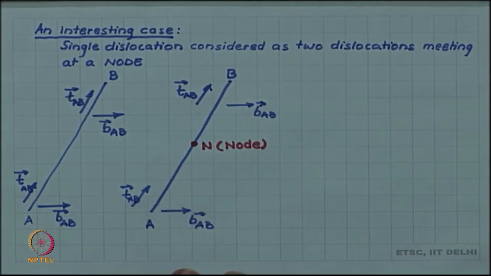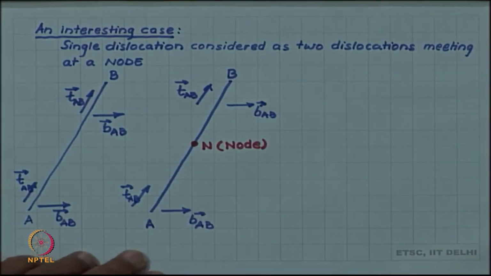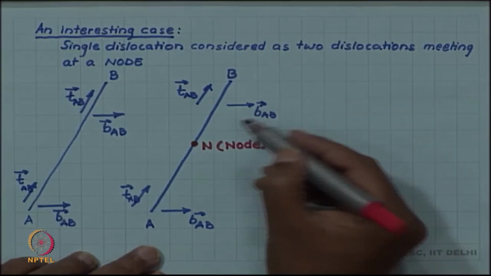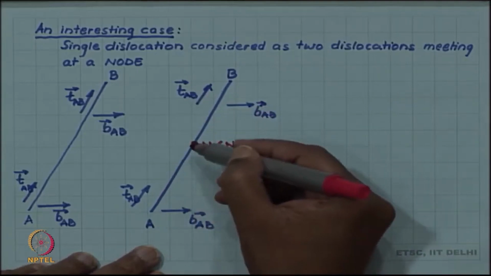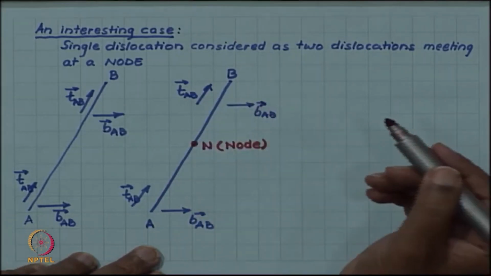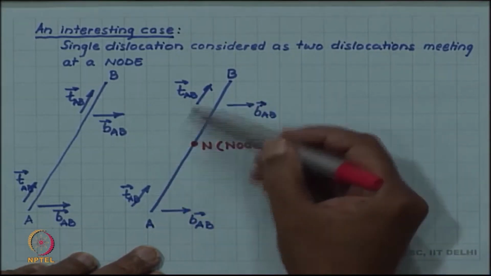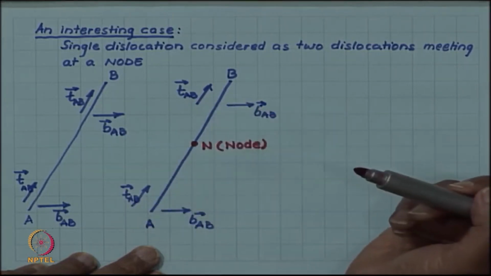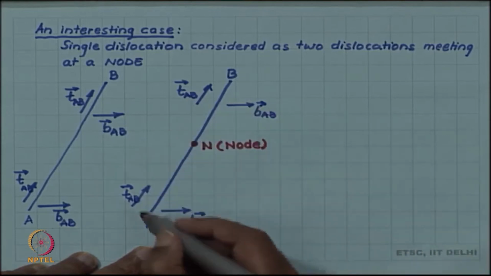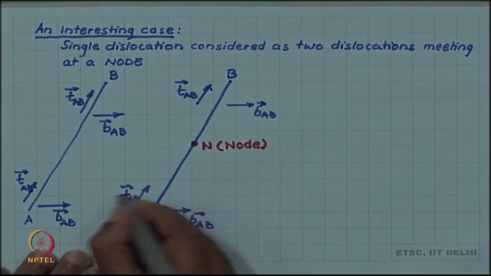But as soon as I consider it as a node, remember for application of Frank's rule, I have to take the tangent vectors such that they are either both pointing to the node or away from the node. So, the original tangent vector of a single dislocation line does not satisfy this condition.